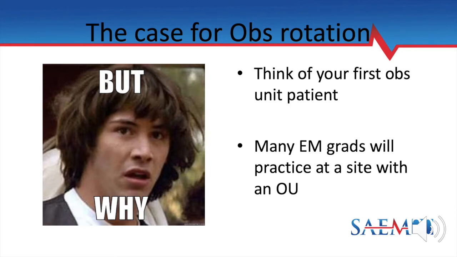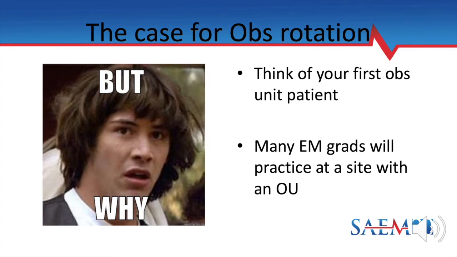As we look into why, think about the first patient you rounded on in the observation unit. For me, this was done as an attending, and it was confusing for me because I had admitted plenty of patients to the observation unit as a resident. I just never rounded on them on the back end.